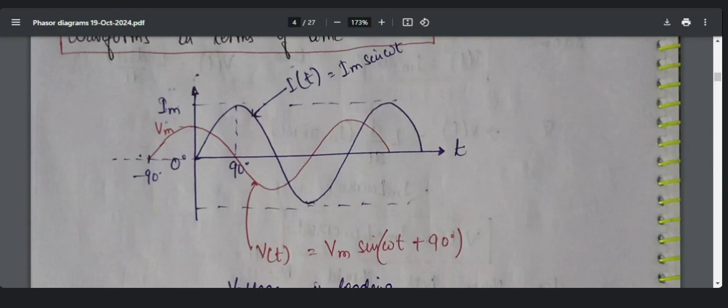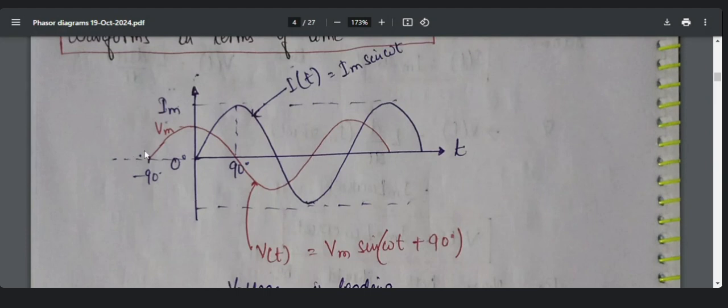That means it would have started somewhere earlier. And I am also saying voltage leads current by 90 degree. It means it would have started 90 degree before. So if it is plus 90 degree, then before 0 it is minus 90 degree, then voltage has started 90 degree ahead.